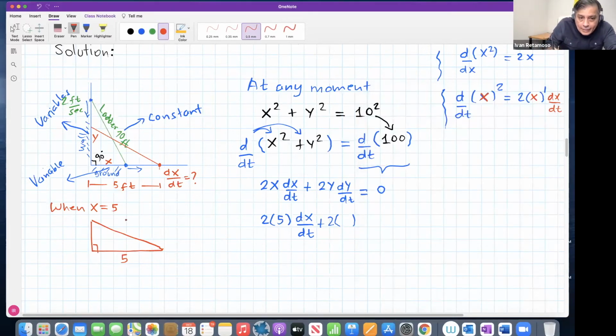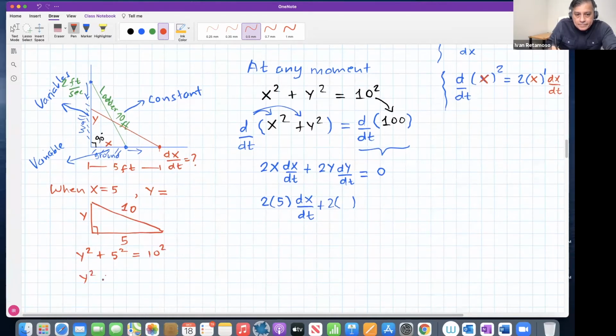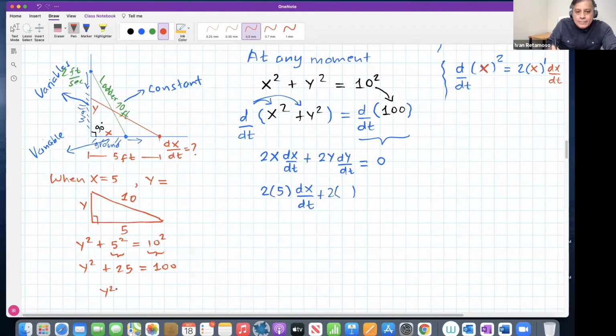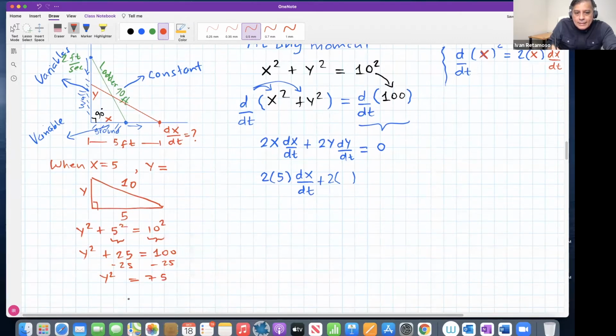So when x is 5, since the length of the ladder is 10, it's possible to find y using the theorem of Pythagoras. y squared plus 5 squared equals 10 squared, so y squared plus 25 equals 100. Subtracting 25 from both sides, we get y squared equals 75, and y should be equal to the square root of 75.